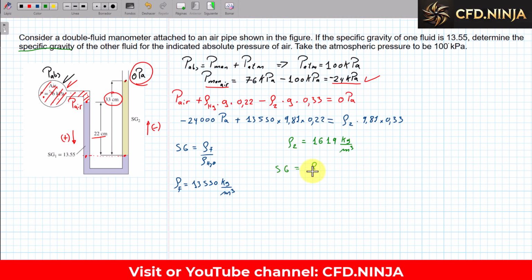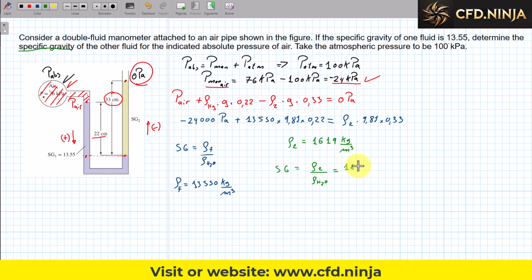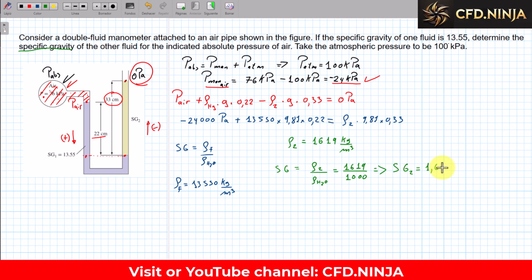It is equal to the density of the fluid, which in this case is the density of fluid 2, over the density of water at 4 degrees Celsius. Since the density of the fluid is 1,619 and the density of water is 1,000, this means that the specific gravity of that second liquid that I don't know is going to be equal to 1.619, without units.